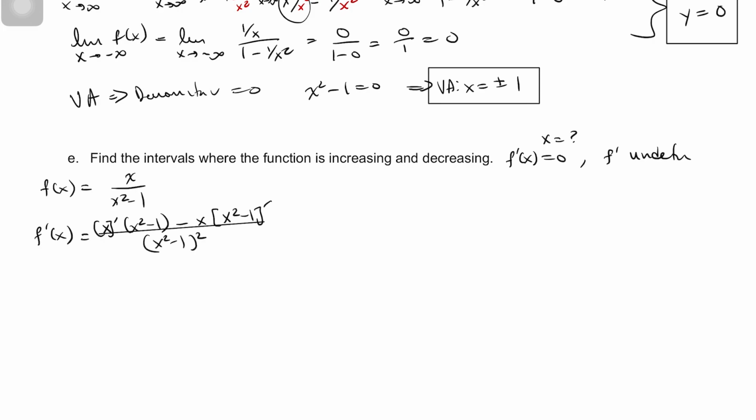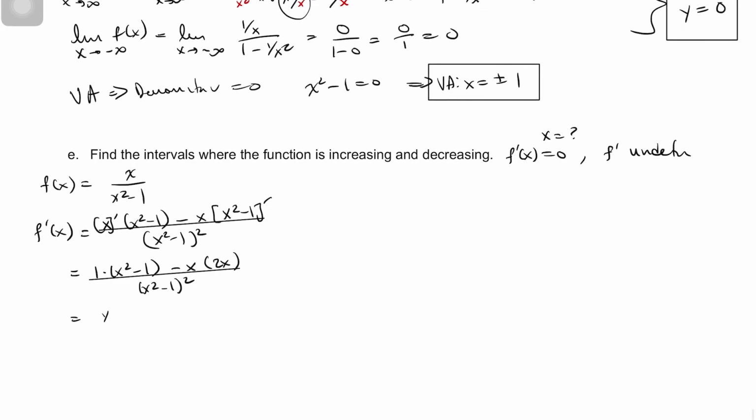There you go, right? And then we'll take the derivative of x, which is 1, times x squared minus 1, minus x times the derivative of x squared minus 1, which is 2x, all over x squared minus 1 squared. We're not going to touch the denominator. We're just going to leave it as it is.